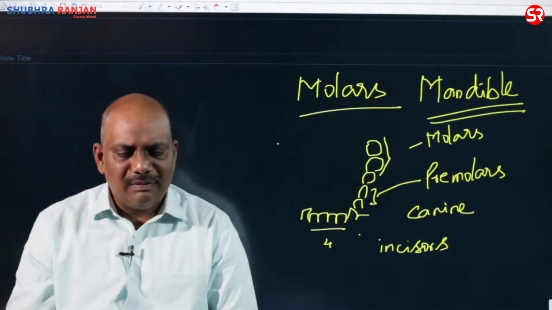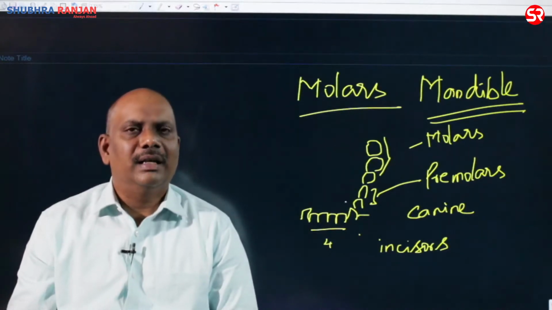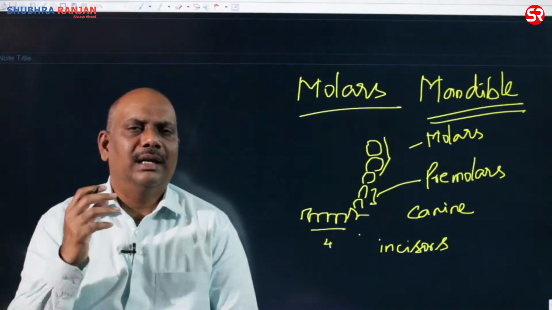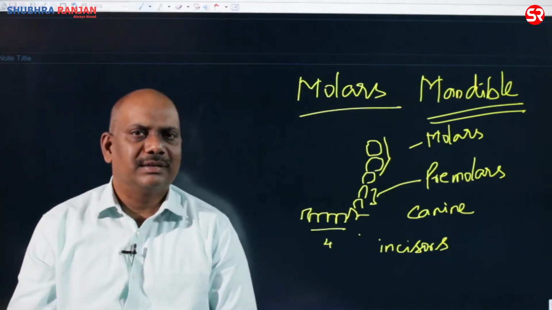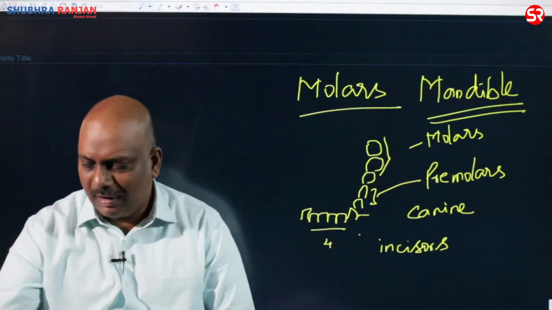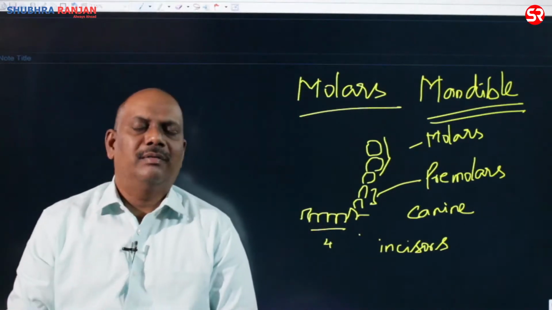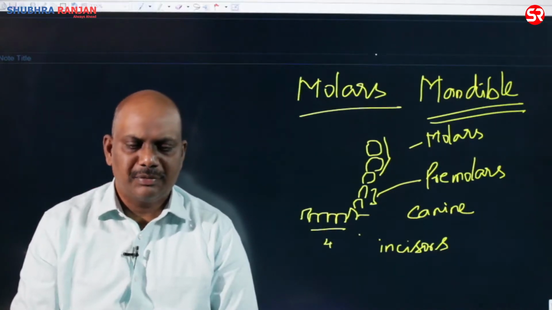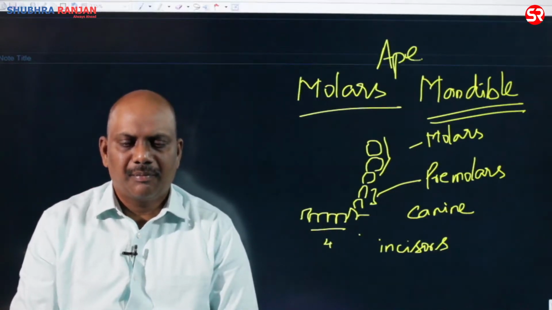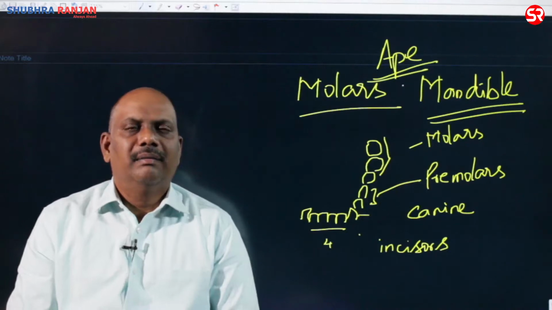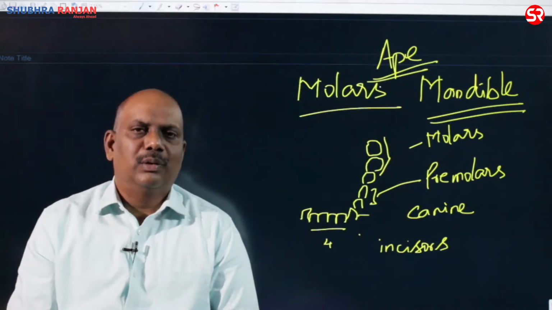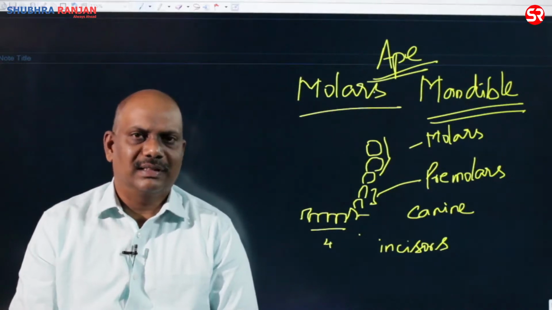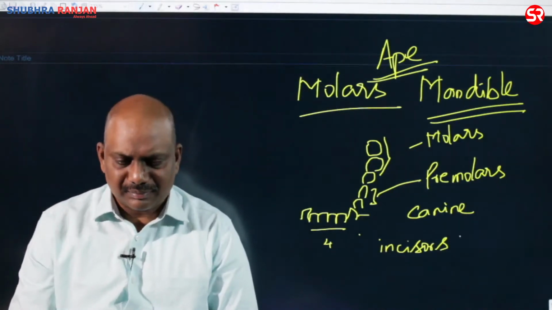So the way in which the teeth are arranged in the jaw itself shows an evolutionary significance. For example, for the apes, the primitive apes. By apes, we refer to Australopithecus, Homo erectus, Ramapithecus, Sivapithecus, etc.